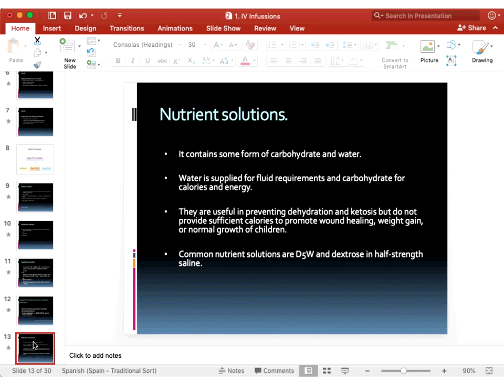Therefore, we are hydrating him because of the saline solution, and also we are providing some grams of glucose. Therefore, the patient has carbohydrate to keep that energy and stop feeling bad from the starvation. Is this clear?